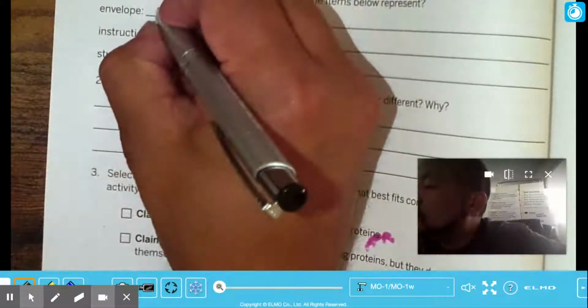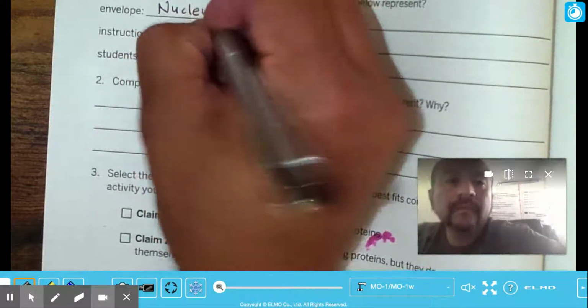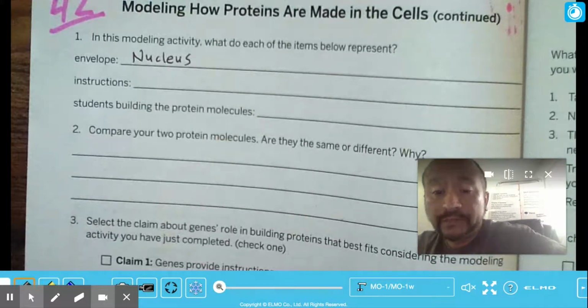The envelope represented the nucleus. And in the envelope, there were instructions on how to build those proteins, right?